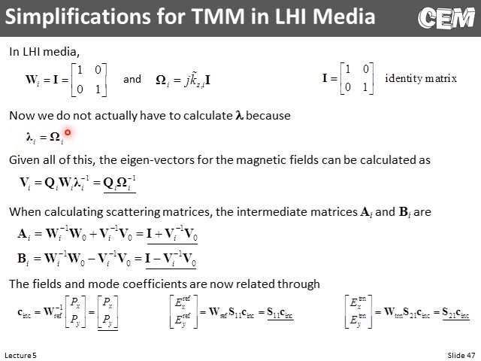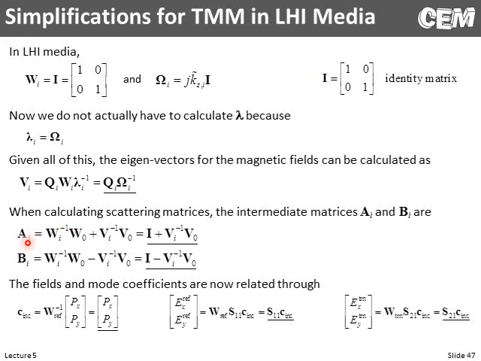We mentioned that before. Since omega is a diagonal matrix, that's what made the eigenvector matrix the identity matrix, and the eigenvalue is simply equal to omega. So here is our original equation for calculating the eigenvectors of the magnetic fields. Well, W is the identity matrix, so it drops out. And in fact, we don't need a lambda matrix because omega is that. So we can calculate V as just Q divided by omega.